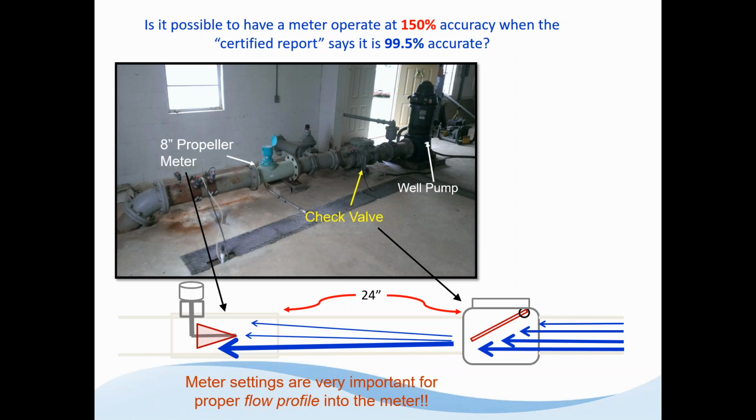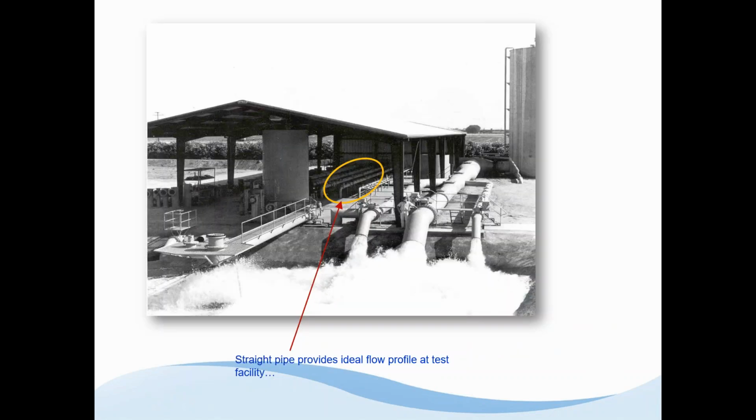Again, the information in your audit is only as good as the data you put into it and the effort you make. A straight line of pipe provides ideal flow. If you read the M6 manual, it will tell you exactly how to distance things upstream and downstream from your water meter to make it operate correctly. And actually all the meter manufacturers' installation guides will tell you the same thing.